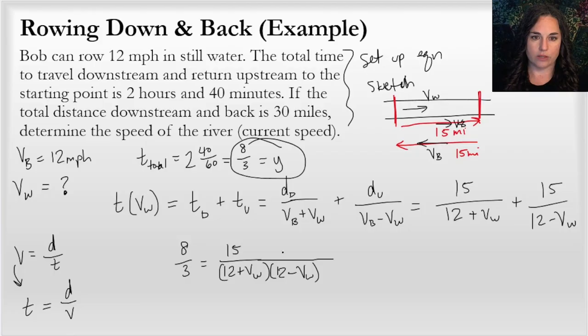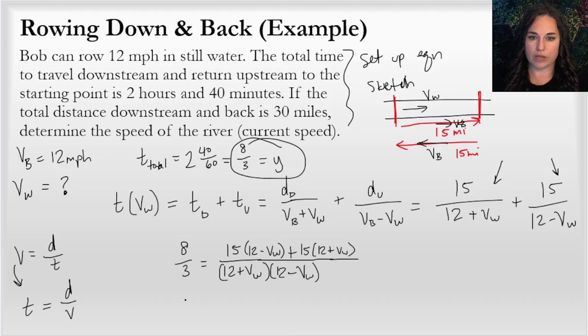So the first term needs a 12 minus velocity of the water, and the other term needs a 12 plus velocity of the water. So I have 15 times 12 minus the velocity of the water plus 15 times 12 plus the velocity of the water. And then that gives me a common denominator.